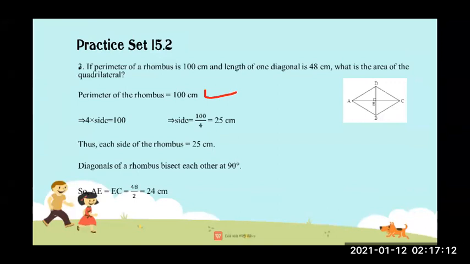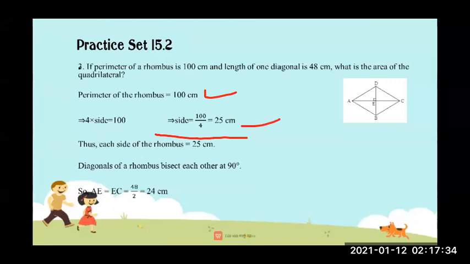Next, 4 into side equal to 100. So we will take one side on the left and 100 on the right. This 4 is multiplication, it will go to that side and become division. So 100 divided by 4. Now if we divide 100 by 4, we get the answer 25 centimeter.